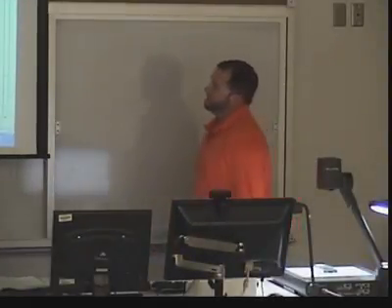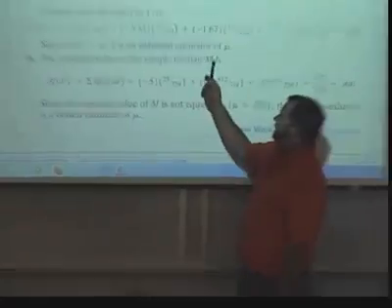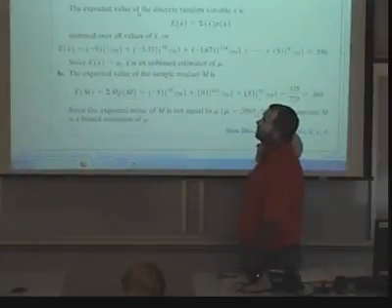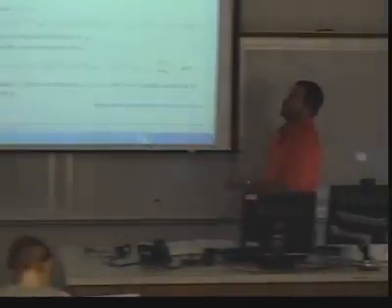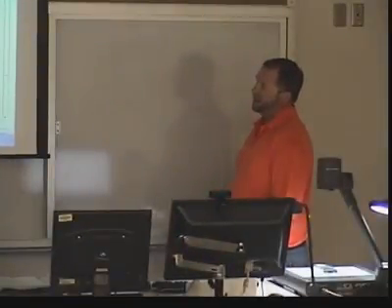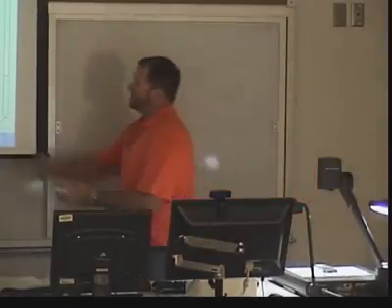B. The expected value of the sample median M, the expected value of the median M. Another way to say that is the mean of the median, right? Because the expected value is equal to the mean. Since the expected value of M is not equal to mu, the sample median M is a biased estimator of mu. The reason it's biased is because this value is not equal to that value.